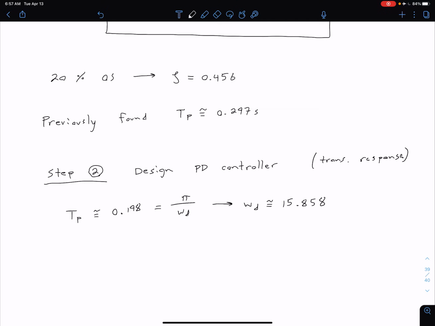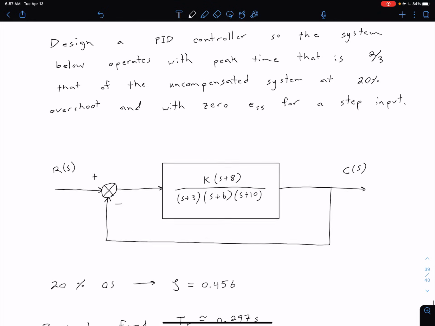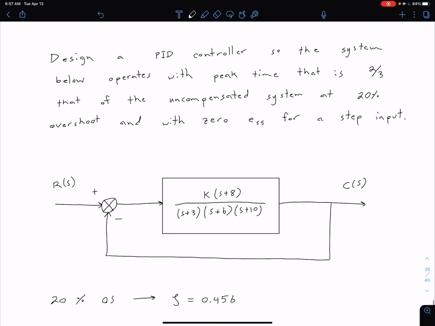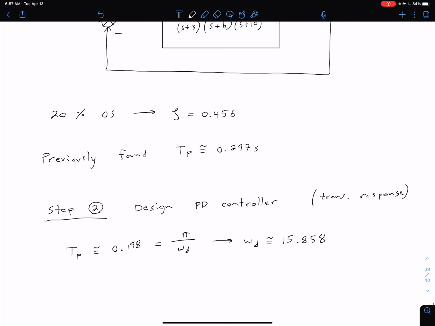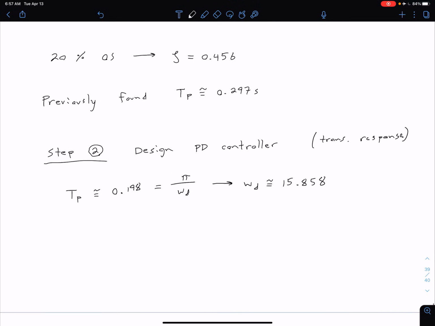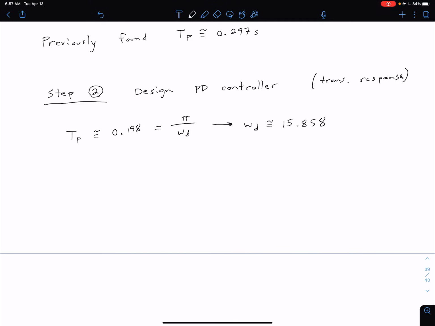So now, of course, we want to maintain this same 20% overshoot as we compensate the system. So what that means is we're going to have this same damping ratio. And in terms of our S-plane, that means we're going to be on the same radial line. So we're going to have some right triangle here. And so the angle theta is going to be the same angle theta that we had for our original system.